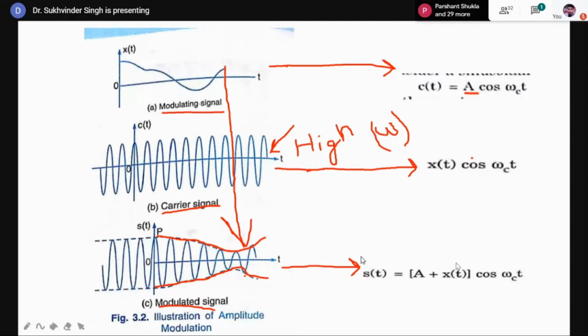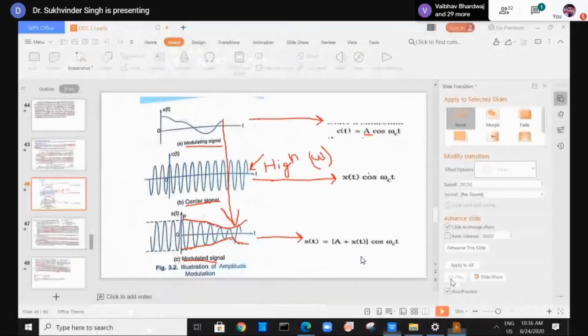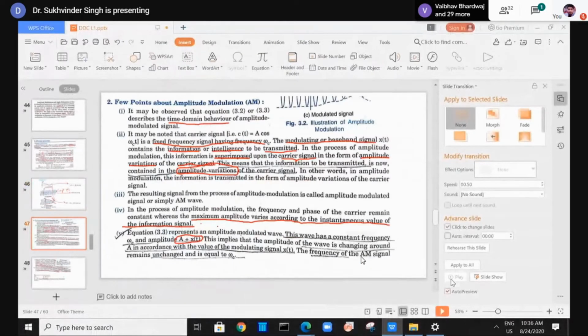So after superimposition, the total amplitude of the modulated wave will be A plus x(t). So x(t) will be continuously changing. This results in a new wave called the modulated wave, which has the information of both the modulating wave as well as the carrier. So this is all what we have studied in our previous lecture.